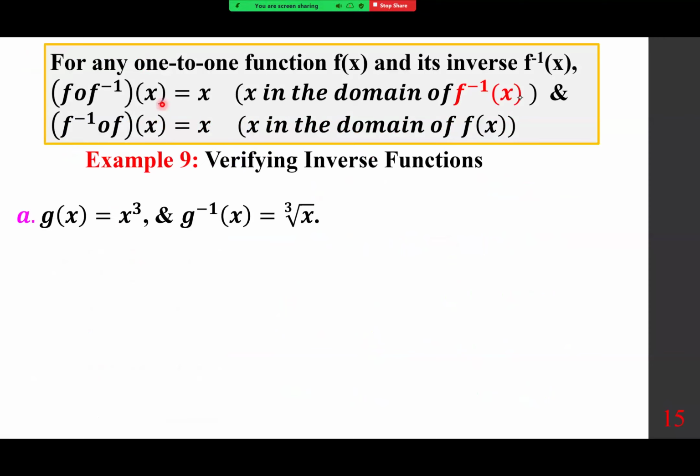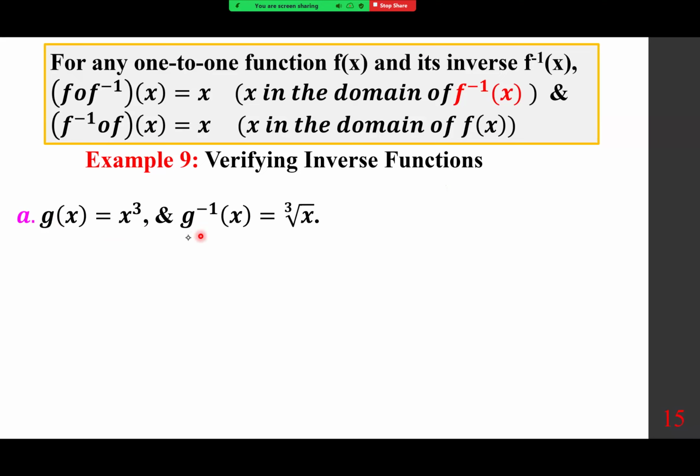We've already mentioned that for every function that is one-to-one, f of f inverse and f inverse of f must be the same, equal to x. We are verifying that these are inverse functions, where g of x is x cubed and g inverse is the cube root of x. To prove that, we look at their composite function.